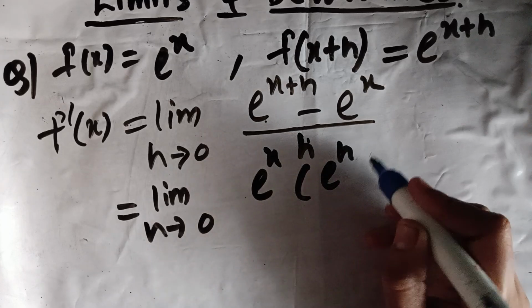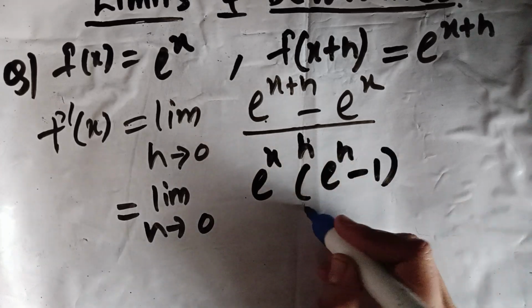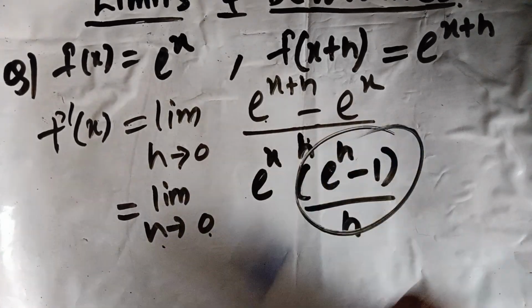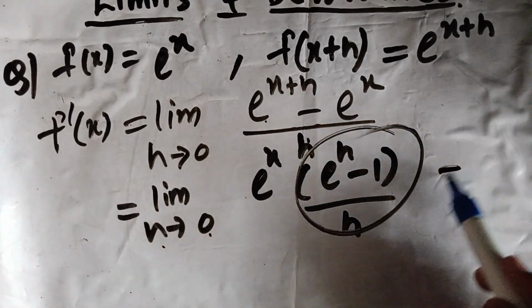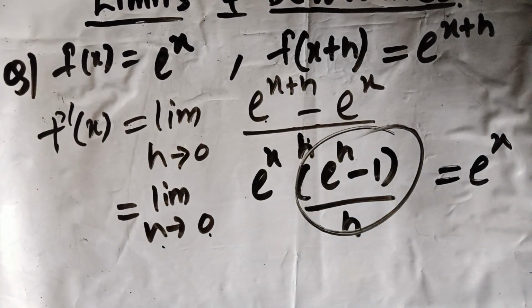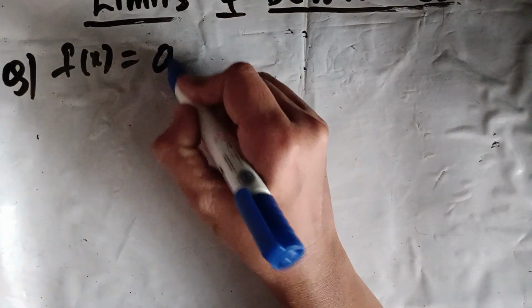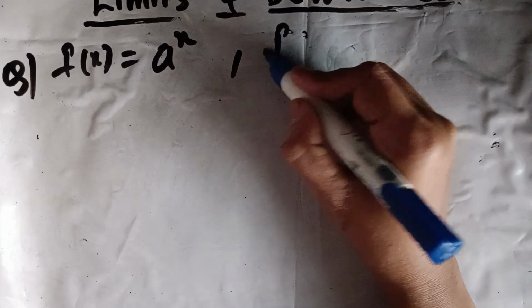So inside it is e raised to h minus 1 upon h. So as h tends to 0, this thing becomes log e, which is 1. So the final answer is e raised to x. Okay, so derivative of e raised to x remains same, that is e raised to x.